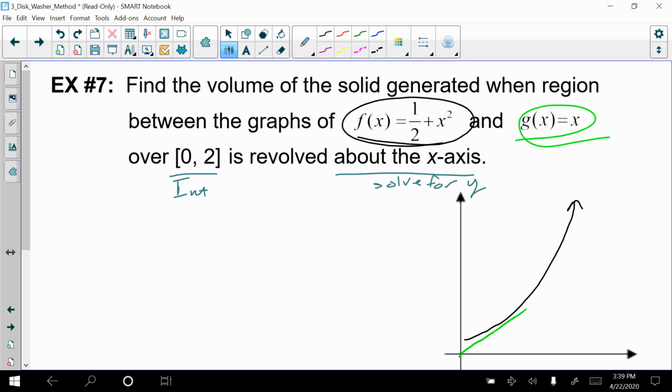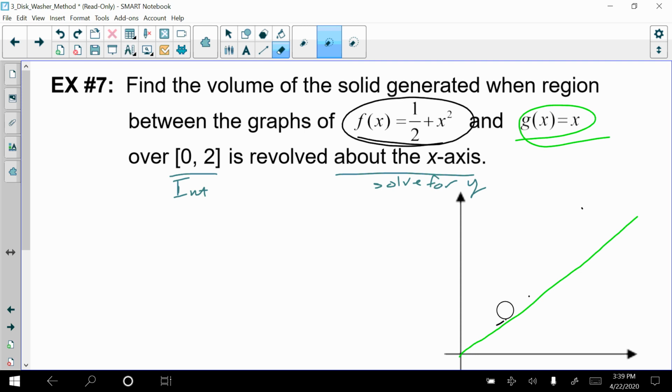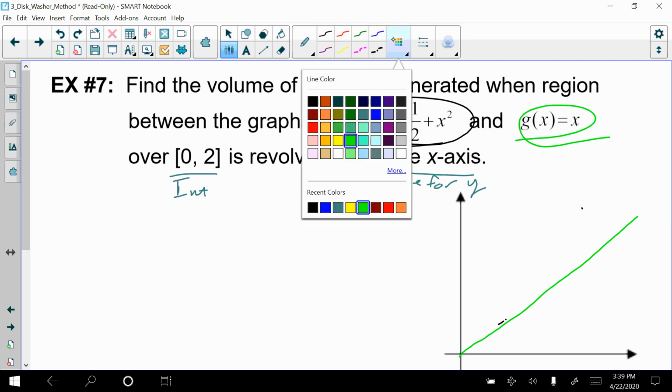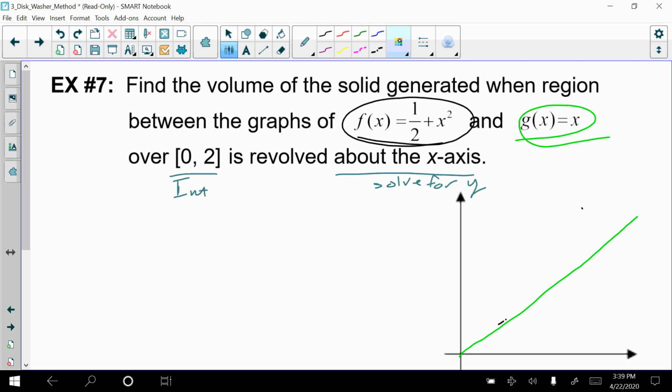That's going to go like that. And I think I'm going a little too wide on my parabola. Let me go ahead and fix that just a tiny bit, just so we can see the region a little better.